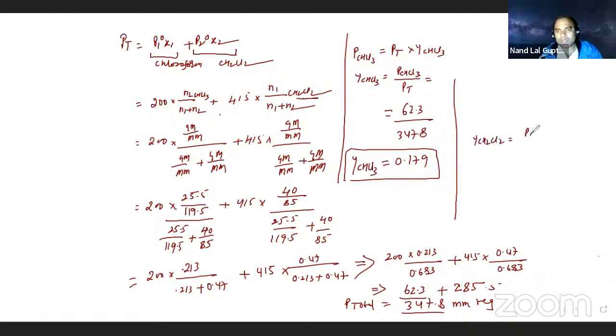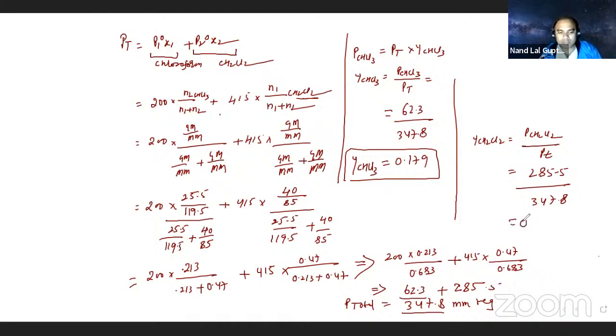YCH2Cl2. So PCH2Cl2 upon PT. PCH2Cl2 here is 285.5. 285.5 divided by 347.8.